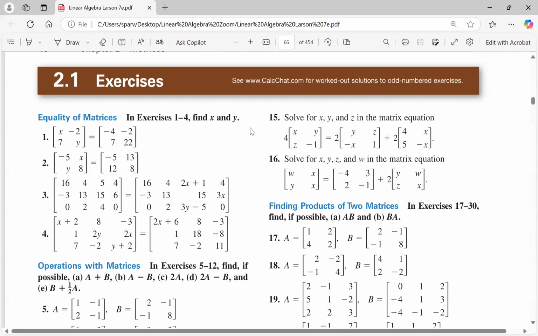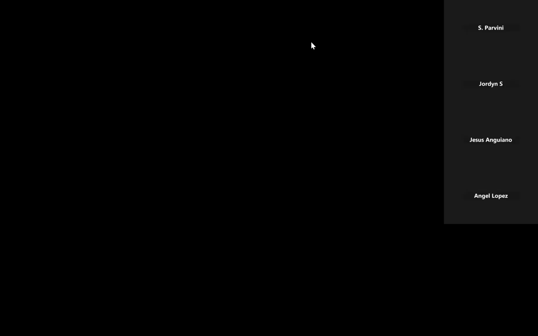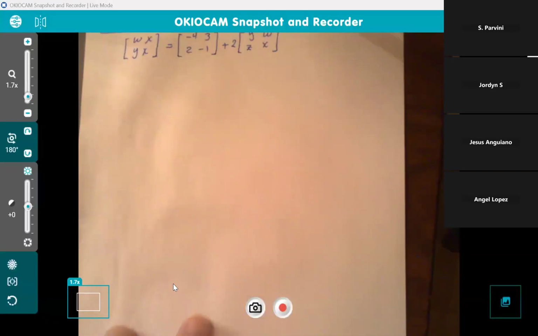That's equal to -4, 3, 2, -1, plus twice y, w, z, and x. Okay, so we want to solve for the unknowns. Let me switch to my notepad here.